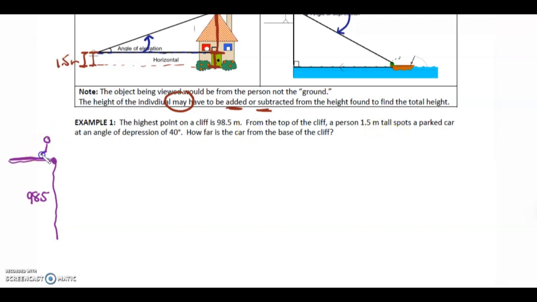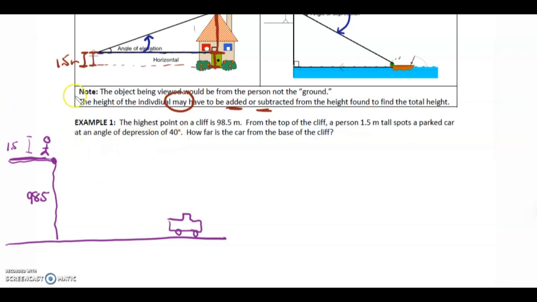So this person here, the height of this person is 1.5, spots a parked car. So on the ground, there's going to be some parked car, at an angle of depression of 40 degrees.